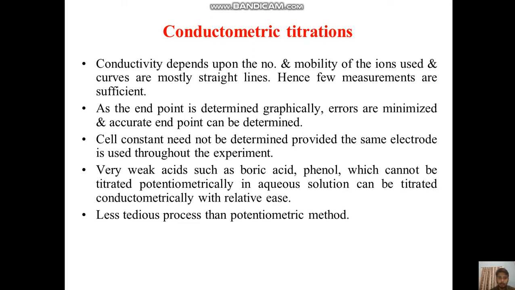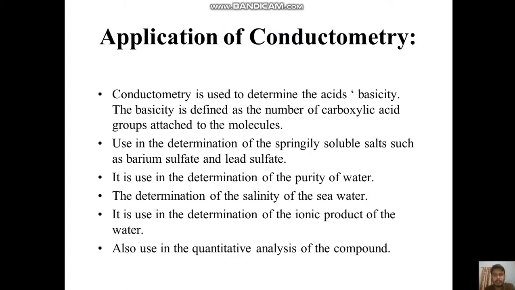The cell constant need not be determined provided the same electrode is used throughout the experiment. Very weak acids such as boric acid and phenol, which cannot be titrated potentiometrically in aqueous solution, can be titrated conductometrically with relative ease, and it is a less tedious process than the potentiometric method.